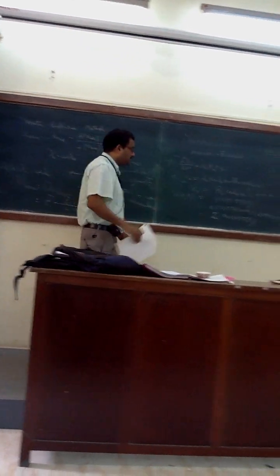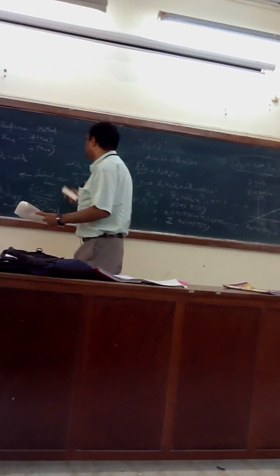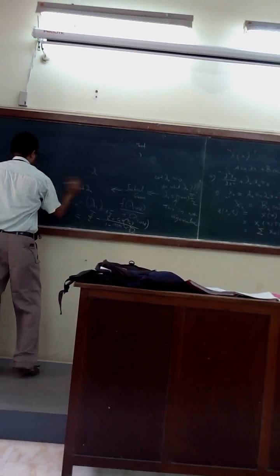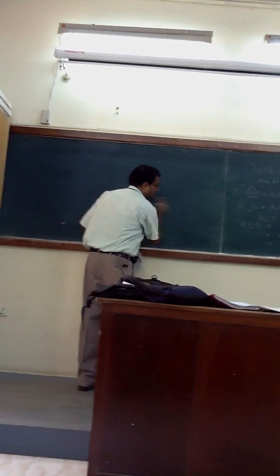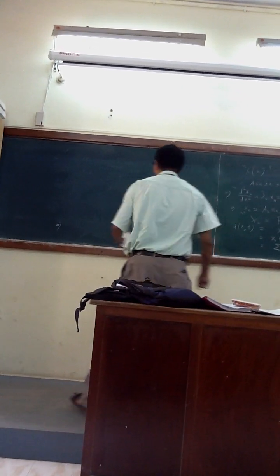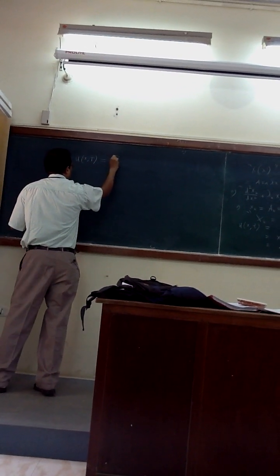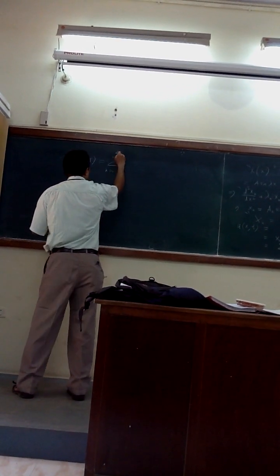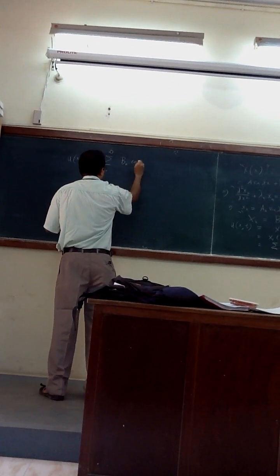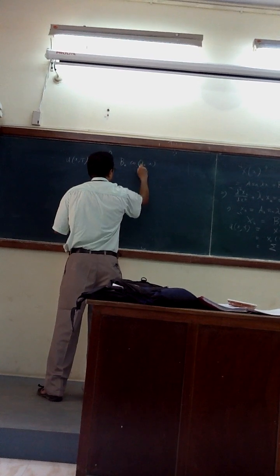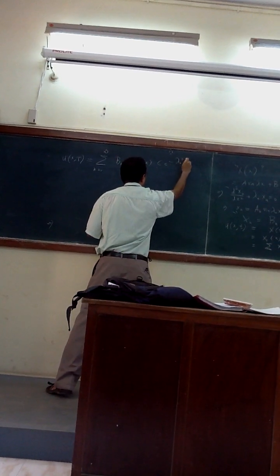Am I correct? So u(x,t) we can write as summation n equals 1 to infinity, Xn(x) means bn cos lambda n x, into c e to the power minus lambda n square t.